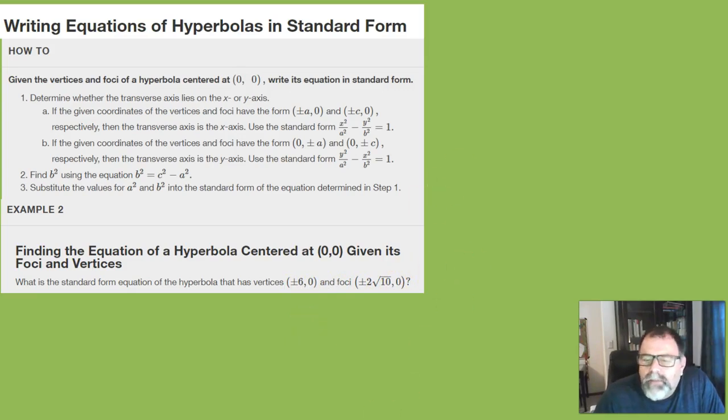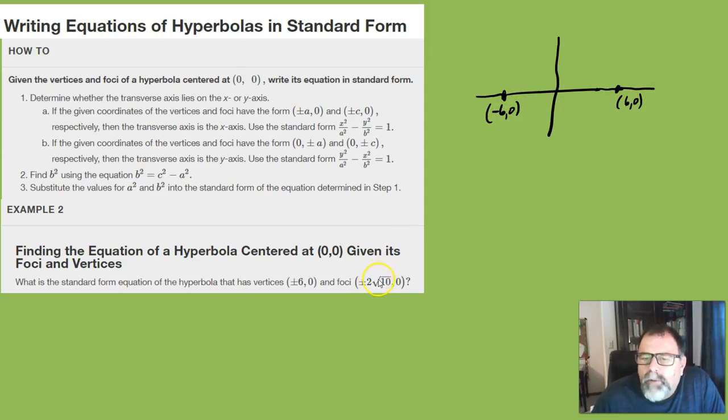Okay, so again, just like I did with the ellipse, I'm just going to make a rough sketch. 6, 0. Negative 6, 0. You don't need to do this. Just for me personally, this is what I like to do.